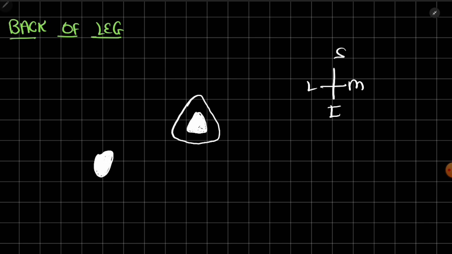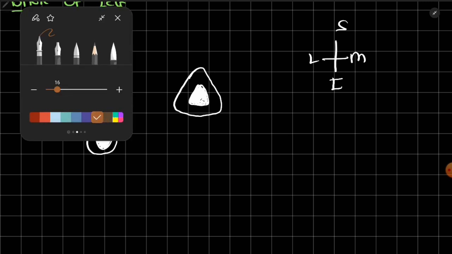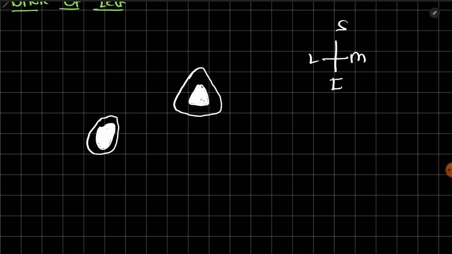Okay, so we will go from deep to superficial. It will be more easy and more sensible too. So in the deepest muscle on the medial aspect we have the flexor digitorum longus. Remember my trick: flexor digitorum longus is a good muscle, so flexor digitorum longus is more medially.